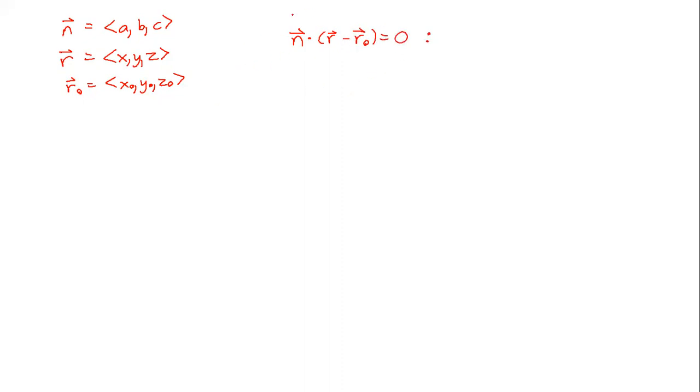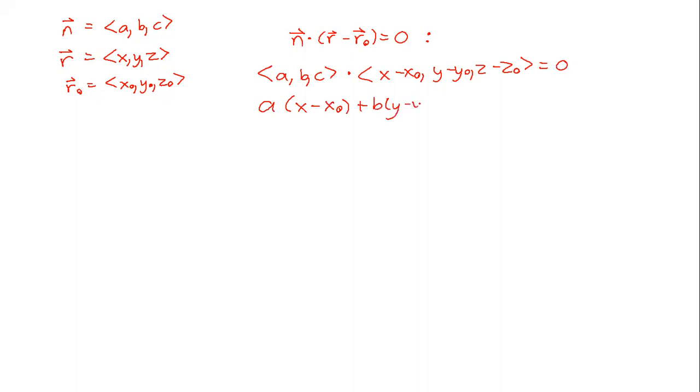What we're going to get when we actually multiply this out, if you did ABC dot X minus X0, Y minus Y0, and Z minus Z0 is equal to 0, is that A times X minus X0 plus B times Y minus Y0 plus C times Z minus Z0 is equal to 0.